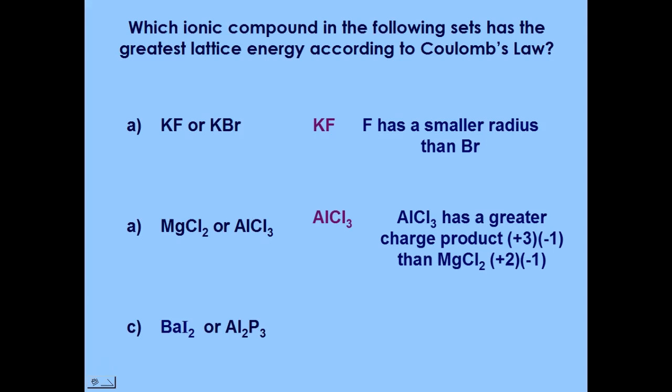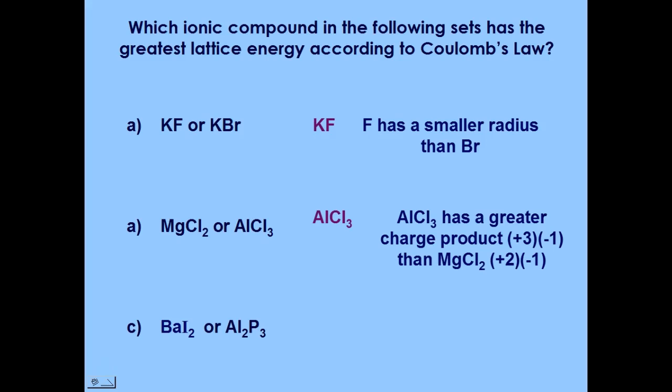Aluminum and phosphorus are earlier on in the periodic table, which means their radii are smaller. So right there we've got the radii part taken care of, and then we also have the charge issue. If I do ask you to look at both factors, I'm going to make it so both factors lean the same direction. Right now, the barium iodide compound is bigger than the aluminum phosphide compound.